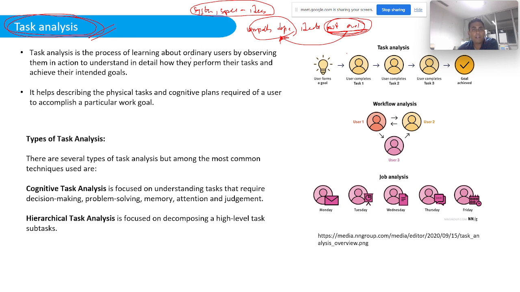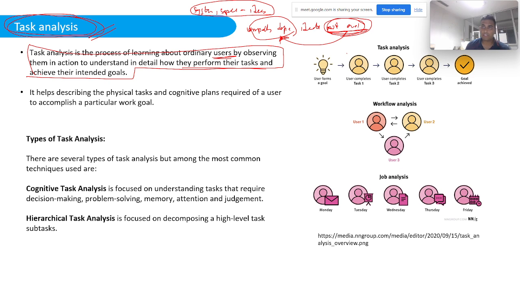So in order to check all those details, we do something called task analysis. So it is about learning by observing users in their actions in doing certain tasks to achieve some intended goals. Okay. Now, task analysis can be done in a field study also.